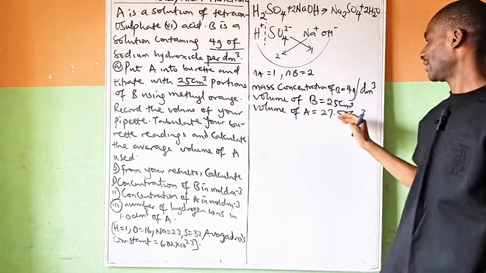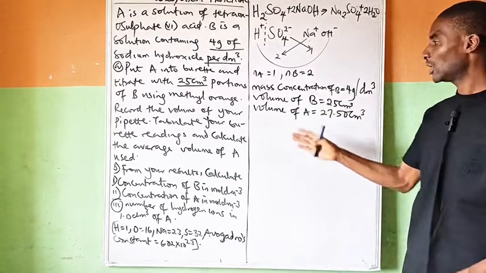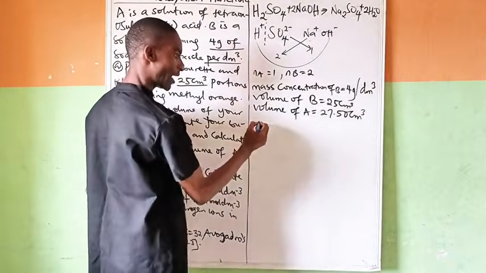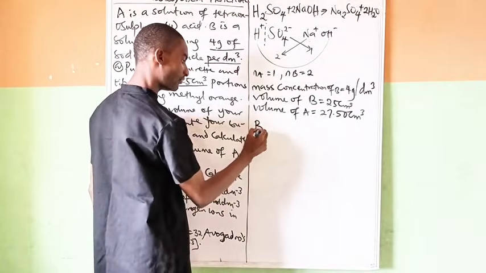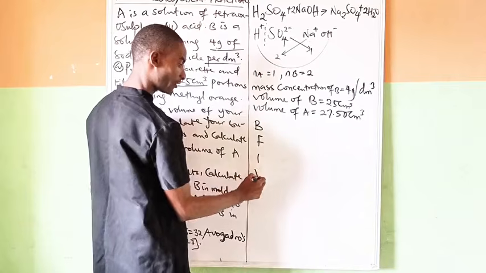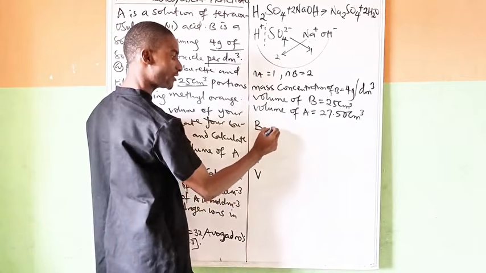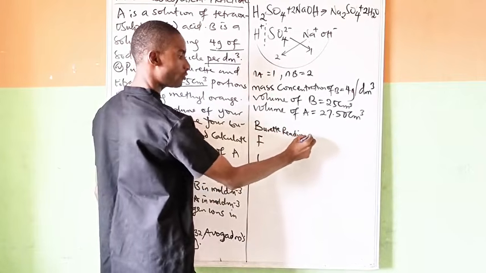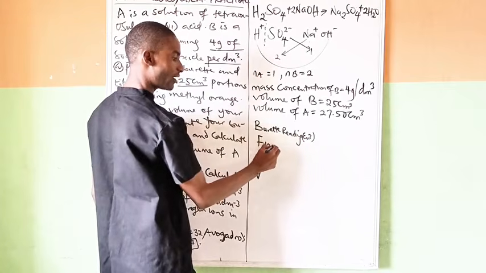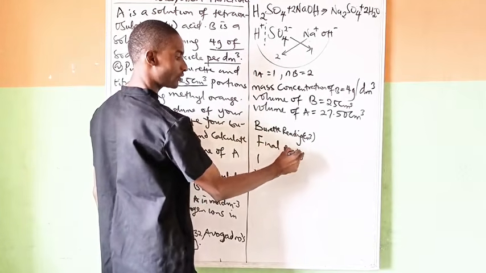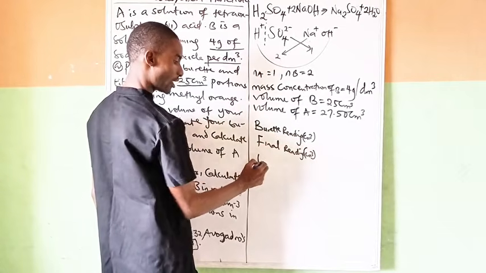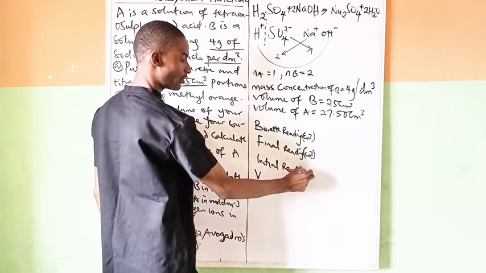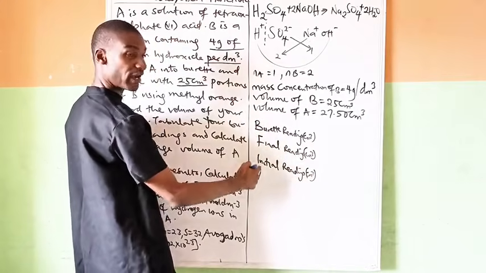Since I already have my average titer value, let me just give you a clue of what the table looks like. So your table, I'm giving you an acronym, B5. What is B5? B stands for burette reading. Burette reading is in cm³. Then final reading in cm³. Then you have initial reading in cm³.